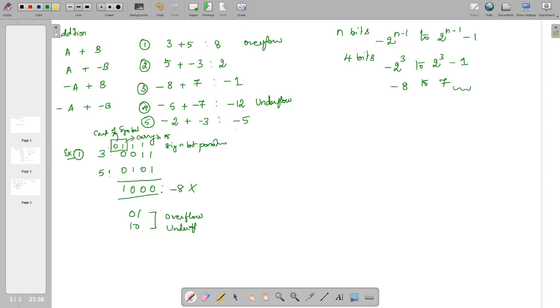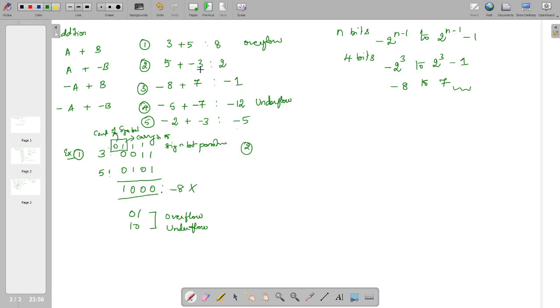For other cases, these two bit values will be the same, either 1 or 0. Anyway, this is wrong and this is overflow. So overflow is determined using the carry into the sign bit and carry out of the sign bit. Okay, now let's proceed with adding the next number.